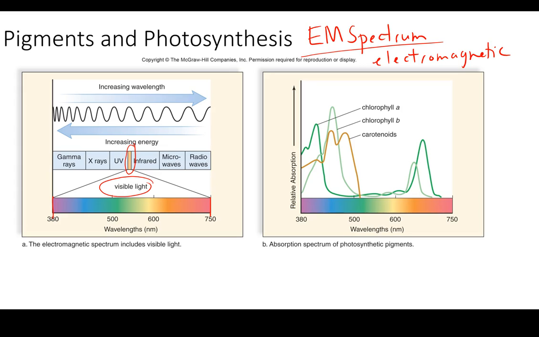I think it's technically 480 to 550 or something like that. So the pigments in those plants absorb the purples, the blues, the yellows, the oranges, the reds, but they don't absorb green. It's reflected, our eyes pick it up, and we see green. Does that make sense to everyone?